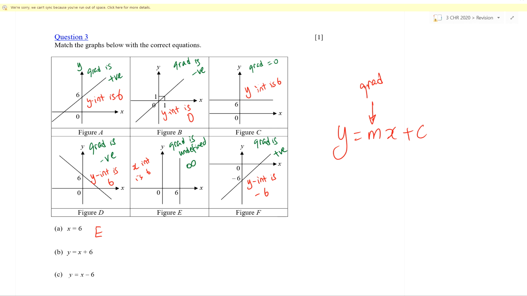Okay, we are looking for all the positive gradients. Okay, figure A, figure B. This should be positive. I wrote wrongly. Figure B, gradient is positive. So figure A, figure B, figure F. All these 3 are possible answers for part B. However, it has a y-intercept of positive 6. So out of these 3, A is our answer.